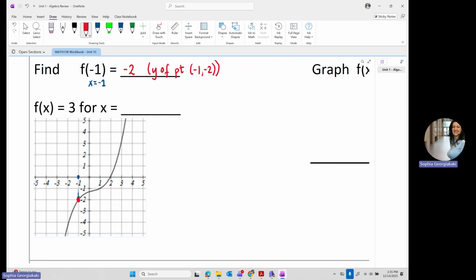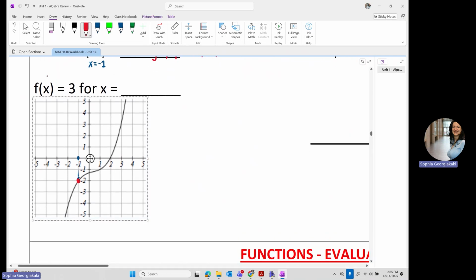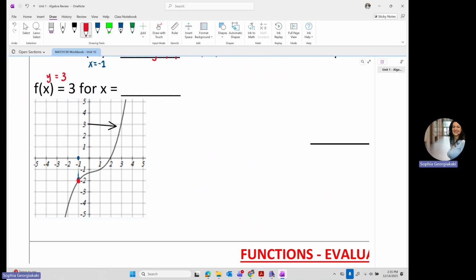Now, backwards, if they tell you what the y is, f of x is 3 means that the y is equal to 3. So if they tell us that the y is equal to 3, and I look on the graph at what point that might be, they are asking us what is the x.